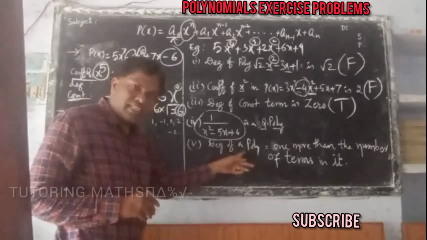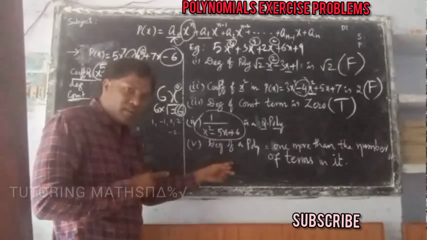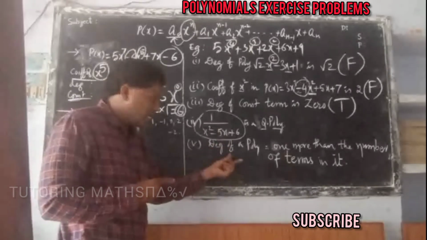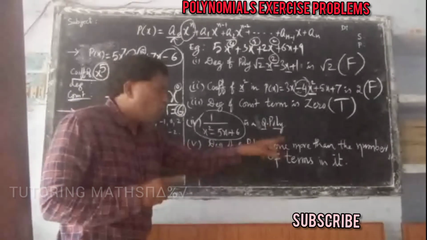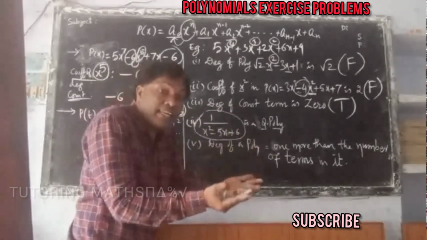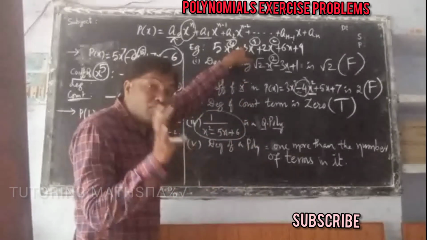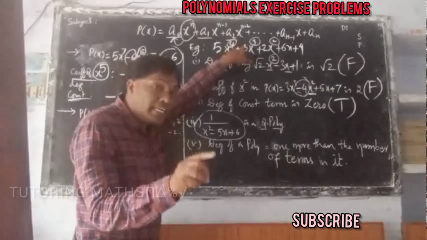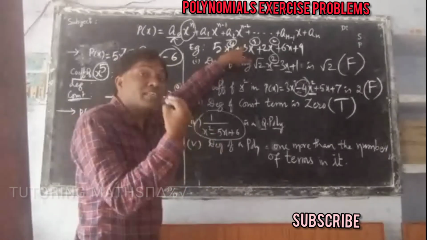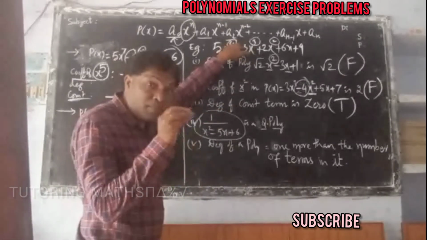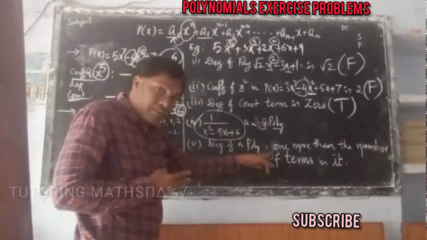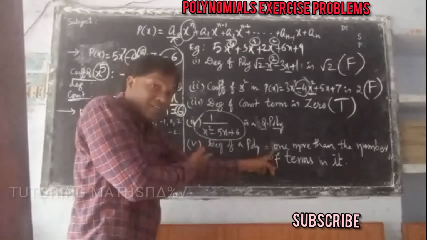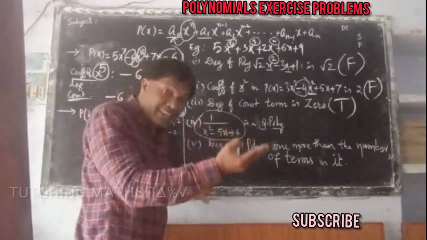According to their definition, degree of a polynomial is 1 more than the number of terms. How many terms are there here? 5 terms. In this polynomial, 5 terms are there. So the degree is 5 plus 1, 6 it seems. Because according to its definition, 1 more than the number of terms.